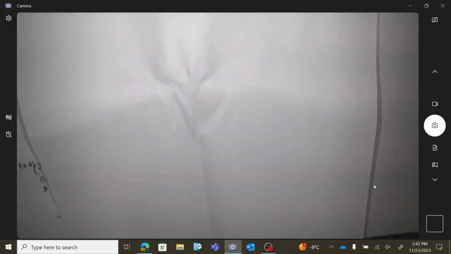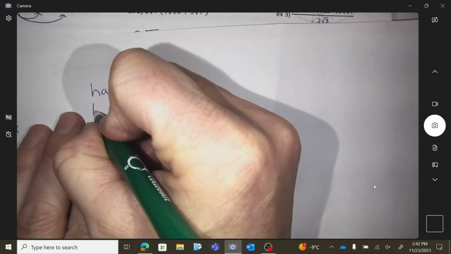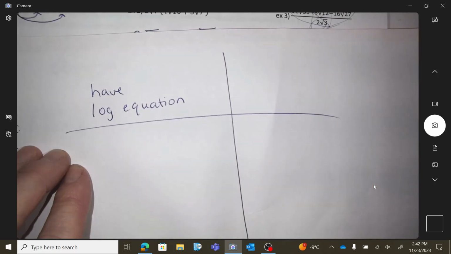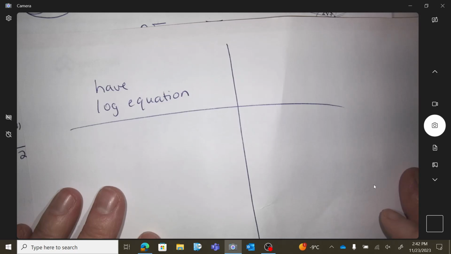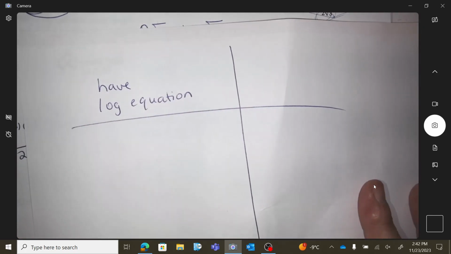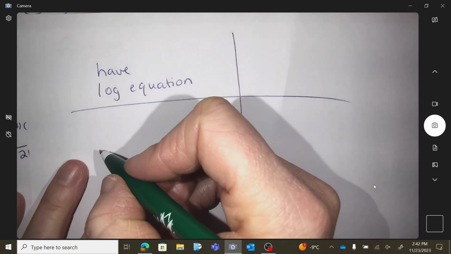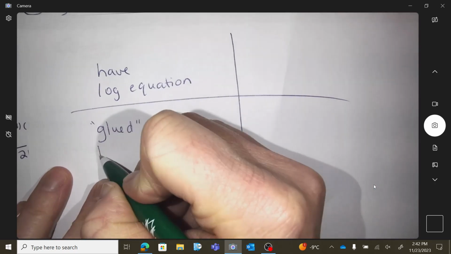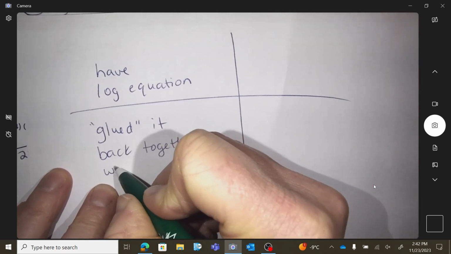Okay, so this was kind of a big idea. So if you had a log equation, what did we do?